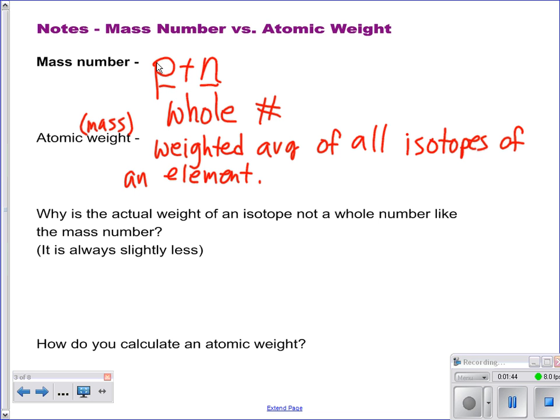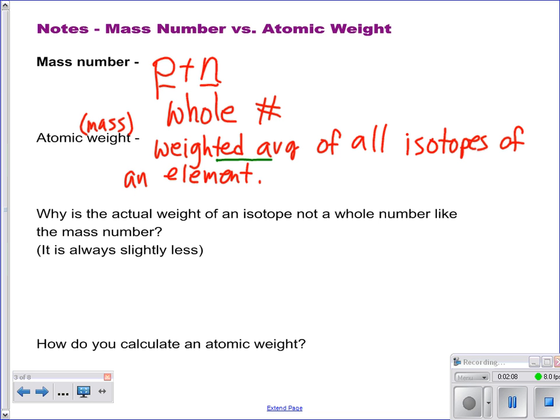So why do they put that on the periodic table instead of the absolute? Because there's multiple mass numbers. The question was, why would that go on the periodic table instead of the mass numbers? There's multiple mass numbers out there because there's multiple isotopes out there. So what we're doing is getting a weighted average, just to be able to have that one value, and that weighted average implies that you need to know the percent abundance.